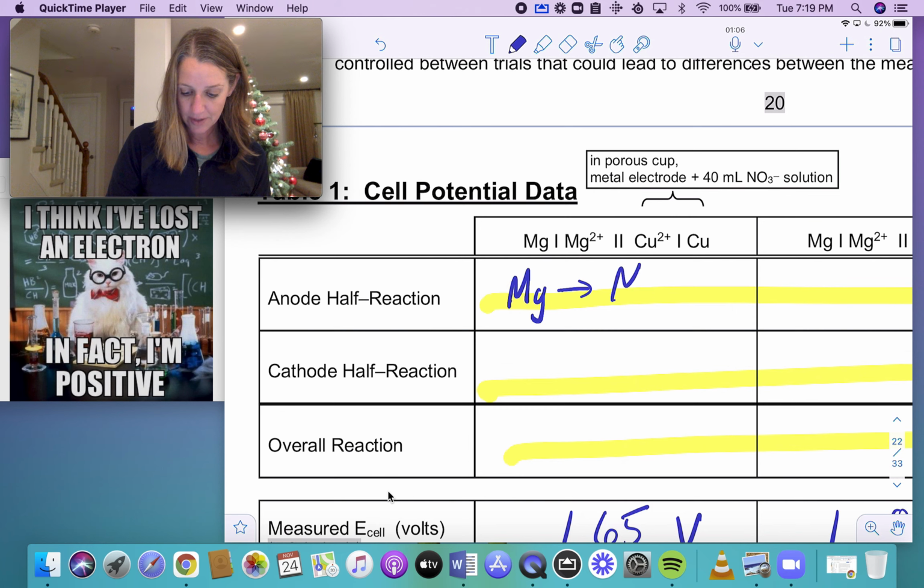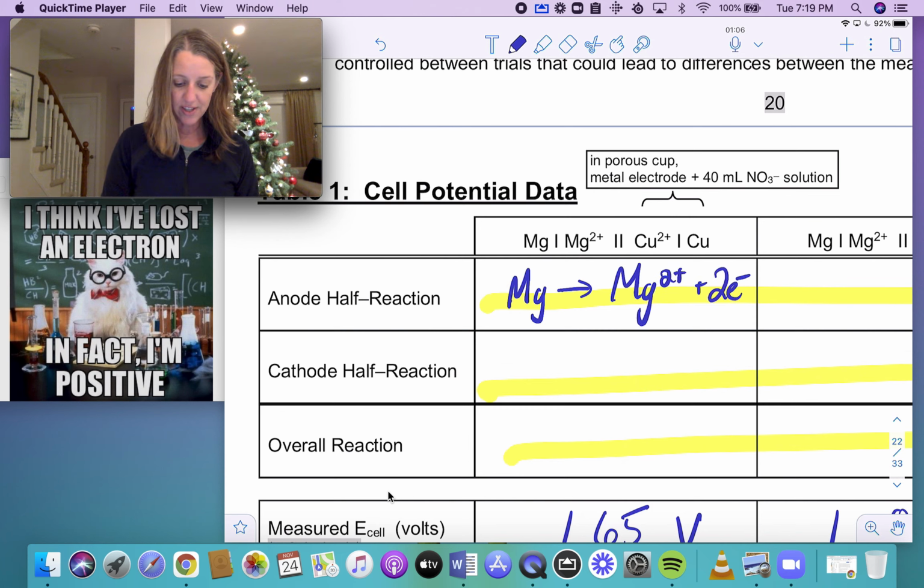Mg goes to Mg2+ plus 2 electrons, because this one is the anode, that is the site of oxidation. My half reaction for the cathode is going to be Cu2+ plus 2 electrons going to Cu. What's my overall reaction?